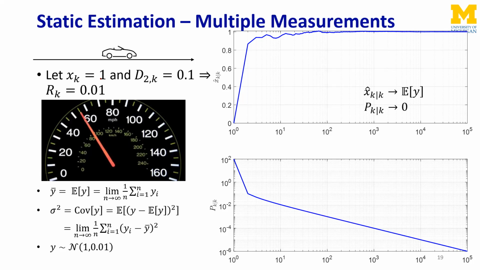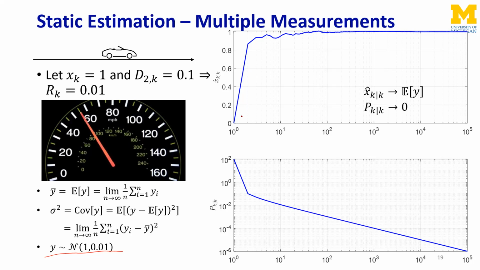And we are trying to use a sensor which has a variance of 0.01 to get an estimate of this measurement. So we are going to assume that our measurement is normally distributed around 1 with a variance of 0.01. And we are going to implement our Kalman filter, which is the two equations I showed you in the previous slide. And this is what happens.